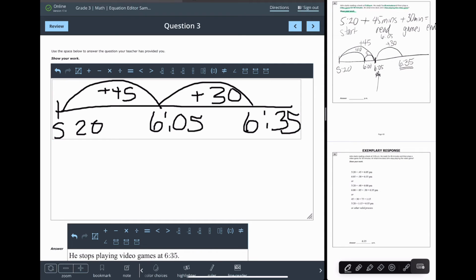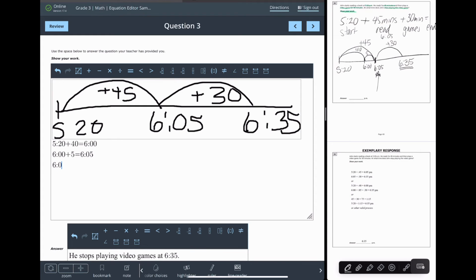Another thing I could do is I could do it this way. 5:20 plus 40 is 6 o'clock. 6 o'clock plus 5 is equal to 6:05.